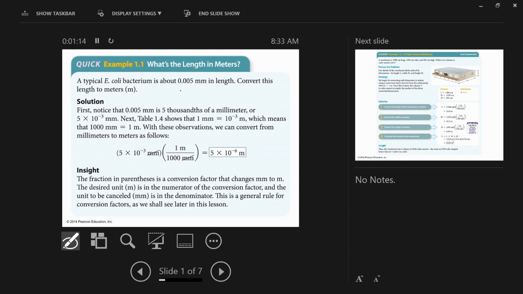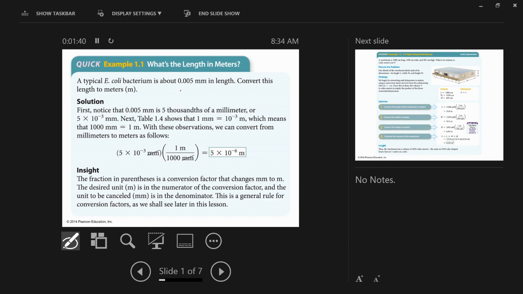They changed that to scientific notation just because it makes things a little bit easier for some people. If you don't think it makes it easier, don't put it in scientific notation. It's okay. So we have 5 times 10 to the negative 3, or 0.005, divided by 1,000, and that gives us 5 times 10 to the negative 6.